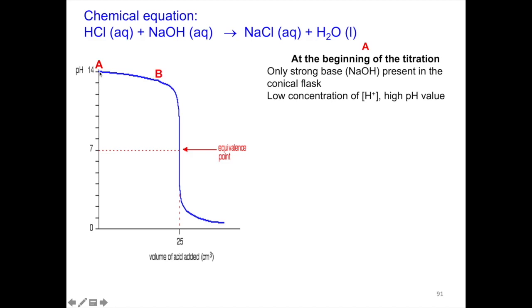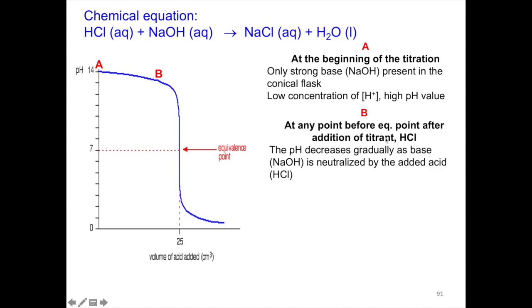And then point B is the point before the equivalence point, after additions of titrant HCl. When you start to put HCl into the base, the pH decreases gradually as the base is neutralized by the added acid. And then as you reach 25 ml of acid, we get the equivalence point. So point C is the equivalence point.